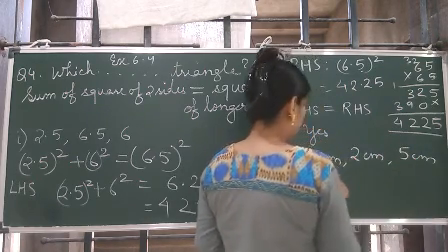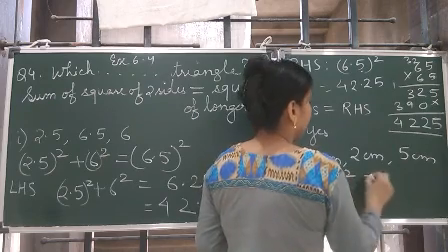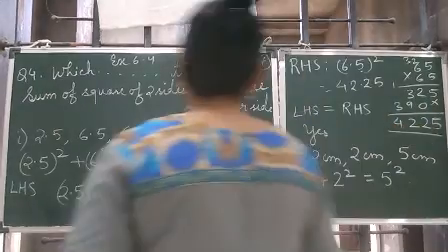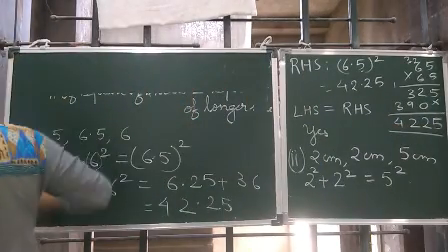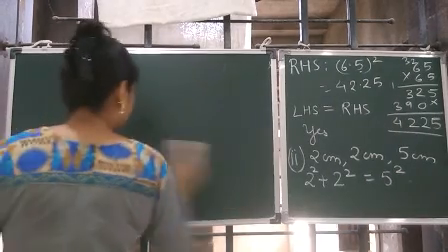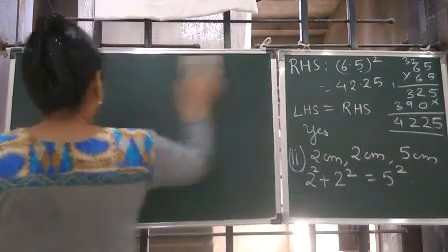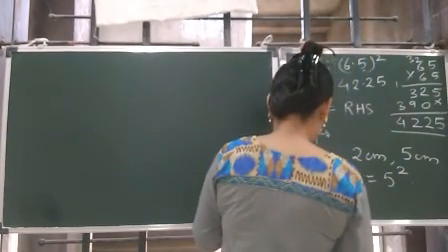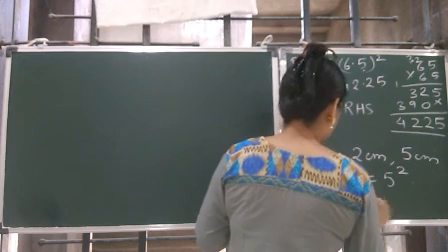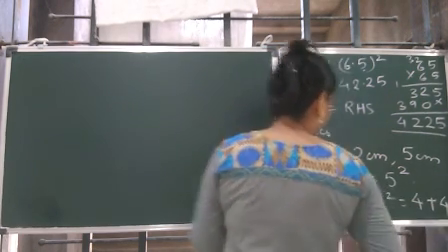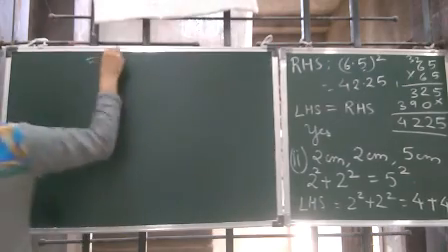So the shorter sides are 2 square plus 2 square, which is equal to 5 square. So we do LHS and RHS here also. LHS, that is 2 square plus 2 square, 2 twos are 4 plus 2 twos are 4, gives us 8.